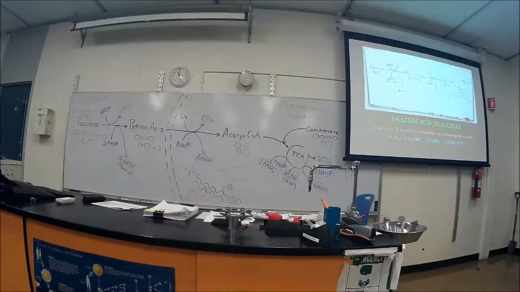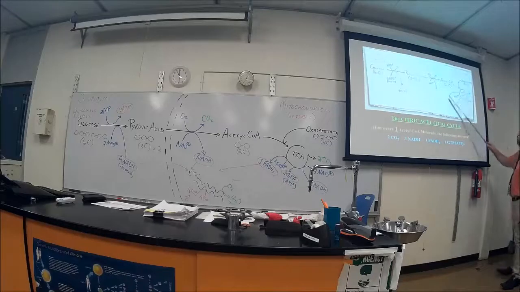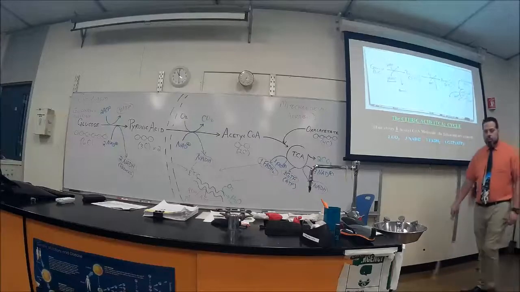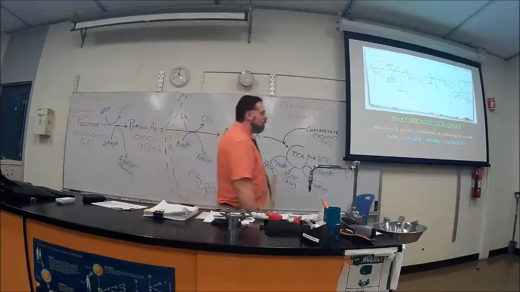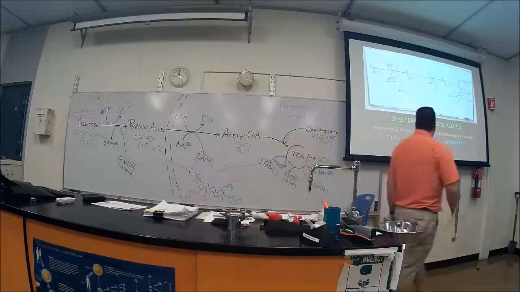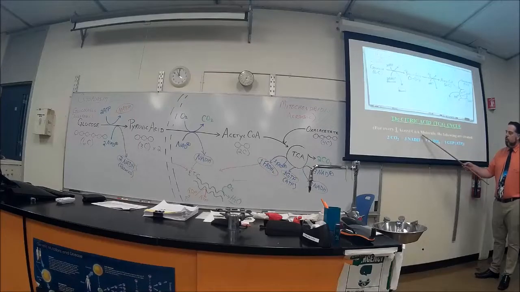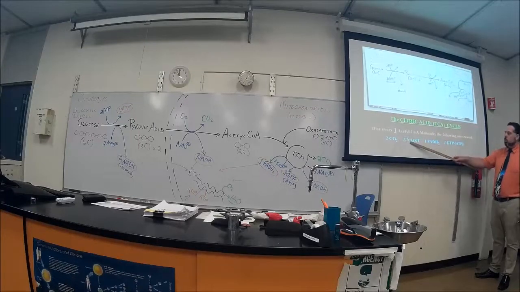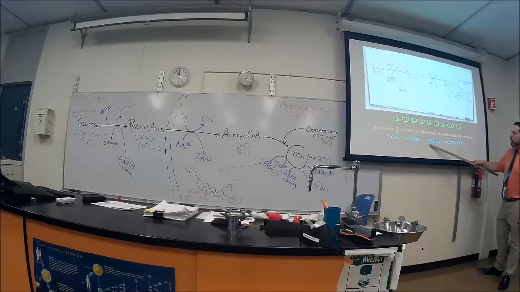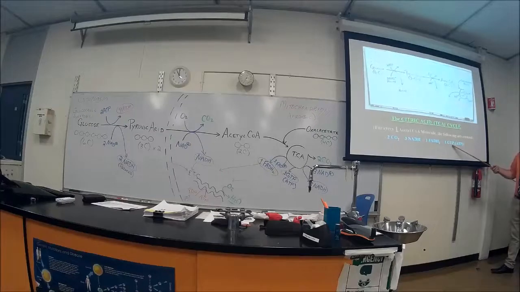When it does, it creates all those things. All right. So for every 1 acetyl-CoA molecule that enters the citric acid cycle, you get 2 carbon dioxides, 3 NADHs, 1 FADH2, and 1 GTP or ATP. For 1 molecule of glucose, you multiply that by 2.